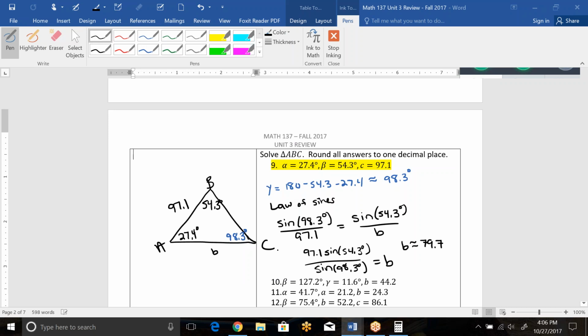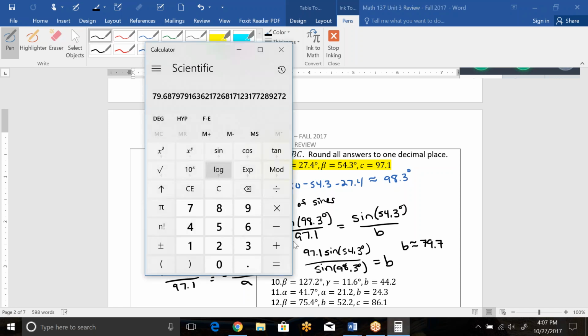Okay, so then we need to do the same thing to find little a. So we'll do sine, again, of 98.3, might as well use the same one, over 97.1 equals sine of 27.4 over a. I'm just going to go through the cross multiplication real quick.